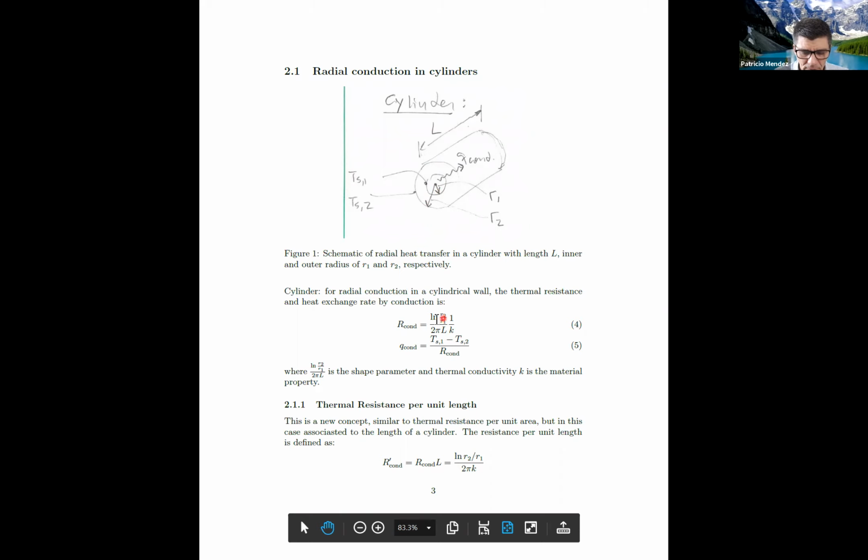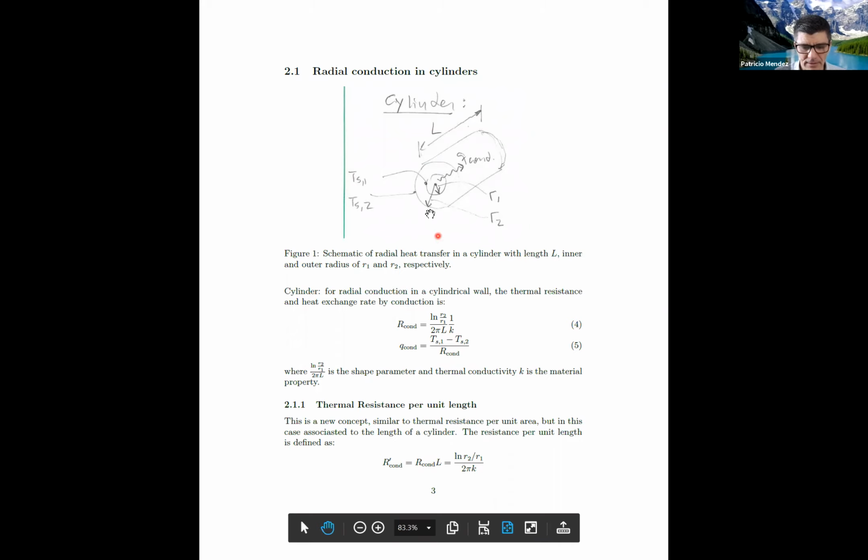So the formula for resistance in this case is not a 1D problem anymore, but we can recycle it because we have the same proportionality. In this case it is log of R2 over R1, where R2 is the outer radius and R1 is the inner radius, over 2 pi L, where L is the length of the cylinder, times 1 over K. We can calculate how much heat is lost by conduction in this cylinder using delta T over resistance.